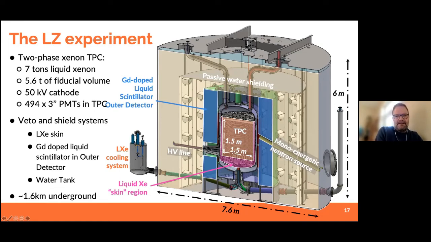Then the cryostat is surrounded by a tank of gadolinium-doped liquid scintillator, which itself is sitting in a passive water shield. And this outer detector is instrumented with photomultiplier tubes, so you can detect any interactions that happen on the outside here.